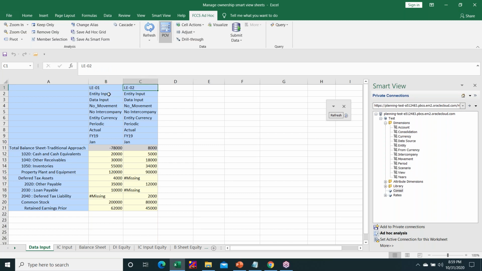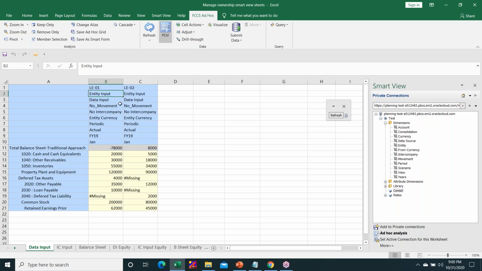I have entered those numbers for the month of Jan for FY19, and my scenario is actual. This is the view dimension, that is periodic. On the entity currency, I have inputted those numbers. I am entering this number against no intercompany. My movement member is no movement. I am entering this number through the data source, that is data input.